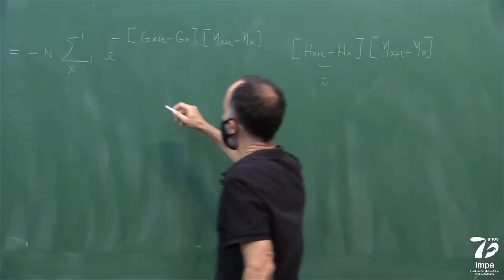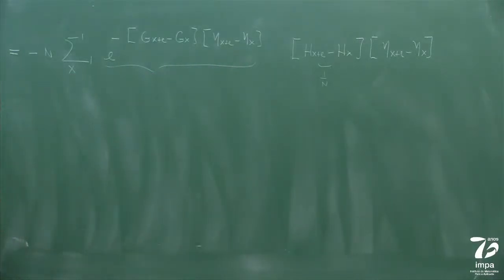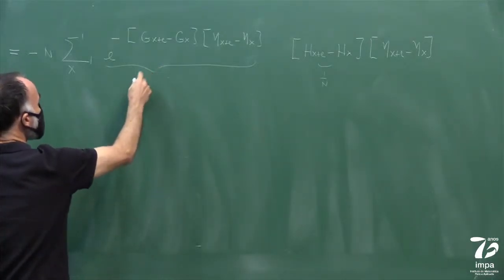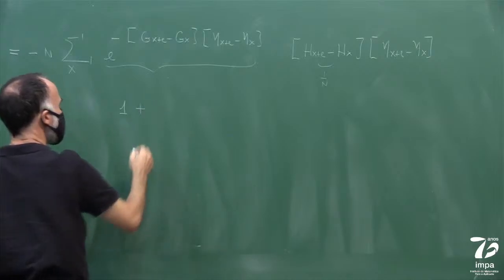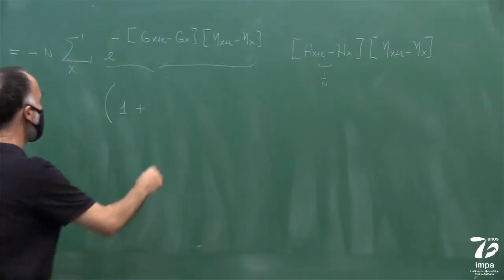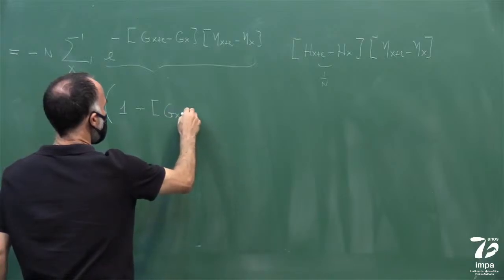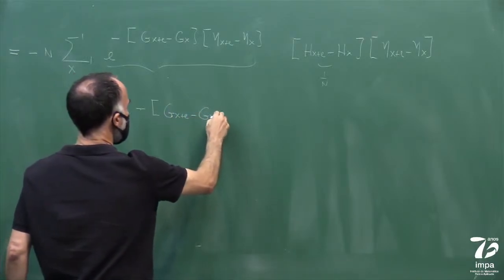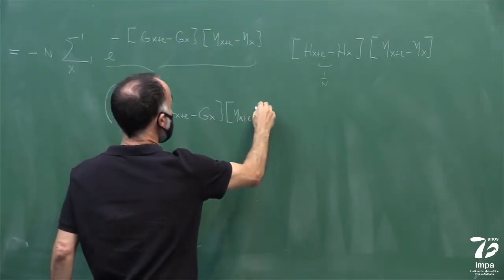So I will start with an expansion of this one. So there is first a term of order 1 over n. So I have first 1. Right? So a term of order 1 over n, which is minus gx plus e minus gx times eta x plus e minus eta x.